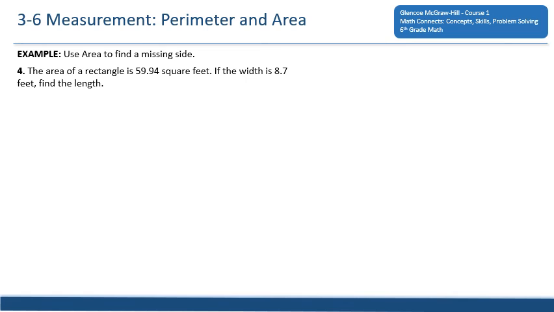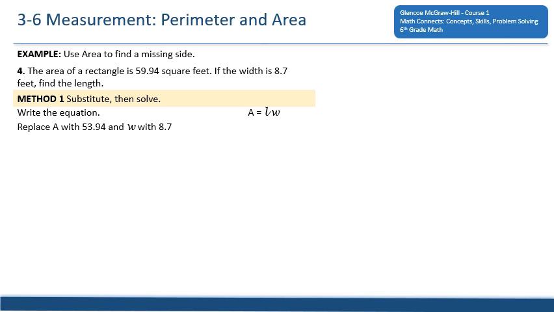The area of a rectangle is 53.94 square feet. If the width is 8.7 feet, find the length. Substitute, then solve. Write the equation. Area equals length times width. Replace A with 53.94 and W with 8.7.